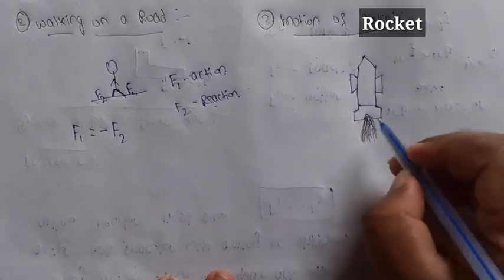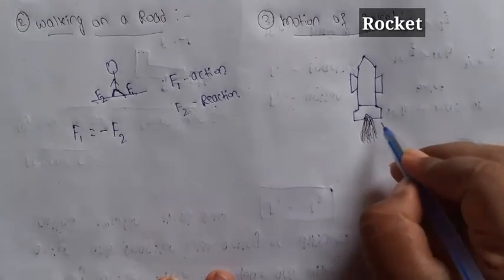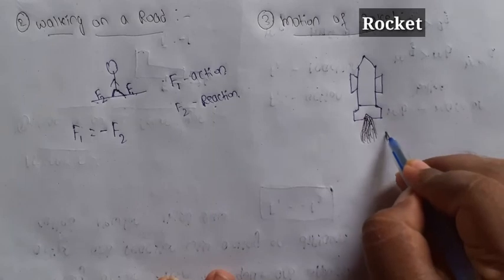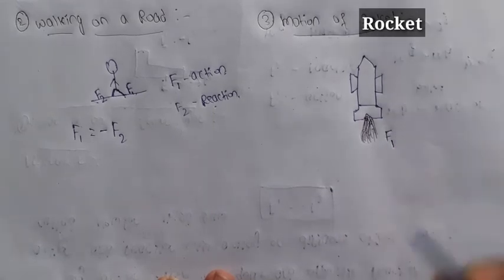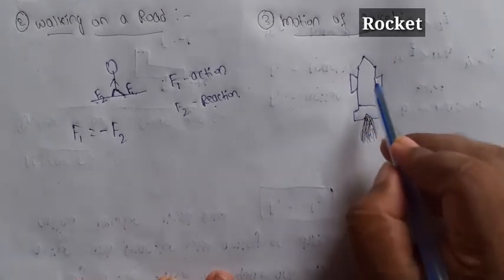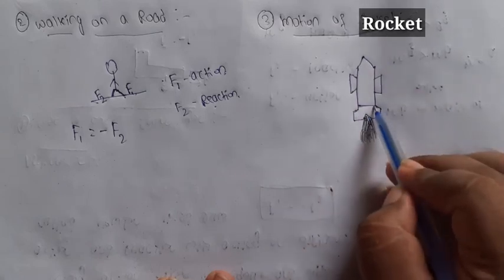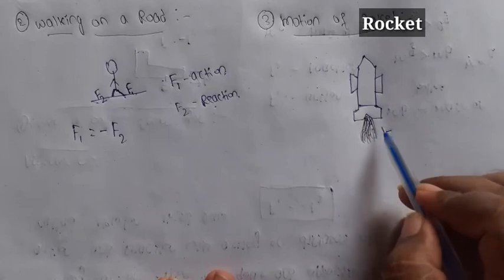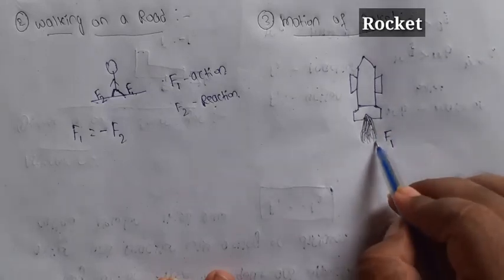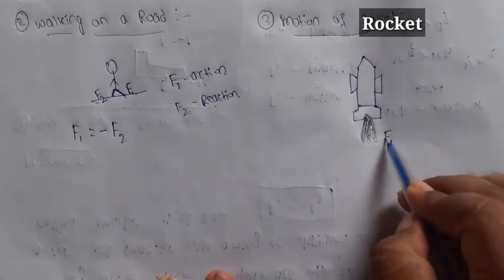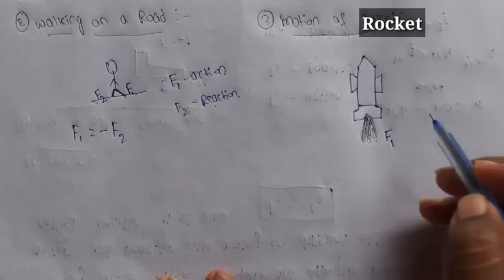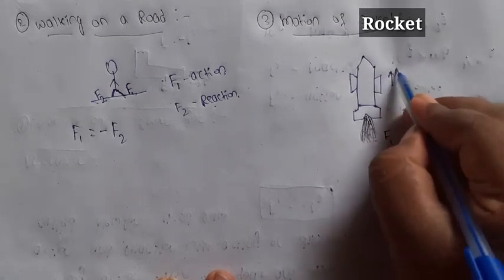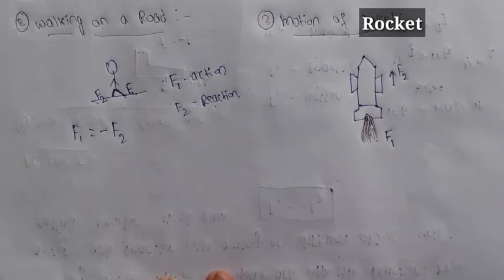When you burn the fuel, it releases exhaust gases with the force F1. Due to this force F1, the rocket will move in the forward direction with force F2.